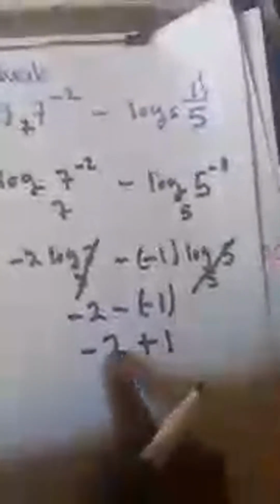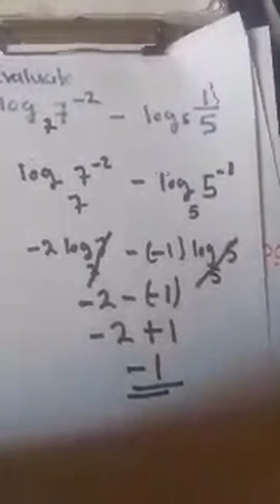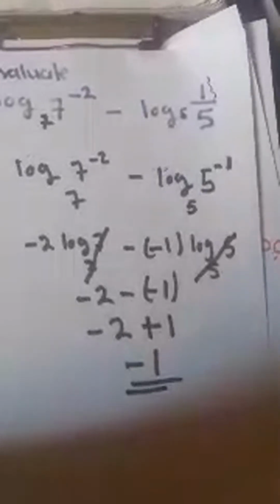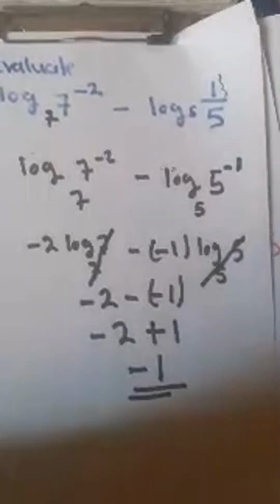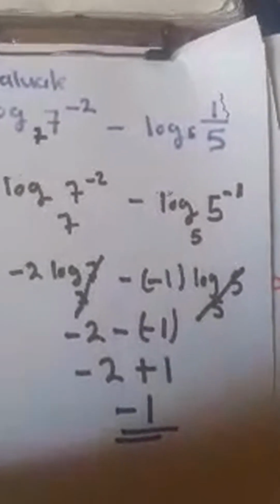So negative 2 plus 1, you get negative 1. To evaluate simply means the word log must disappear. So we get negative 1.